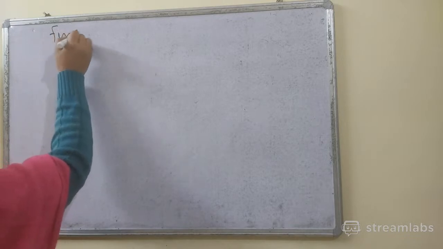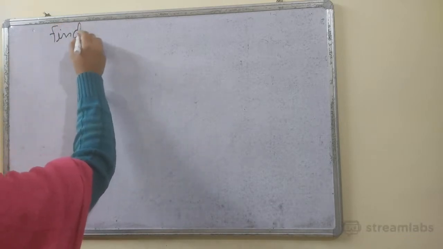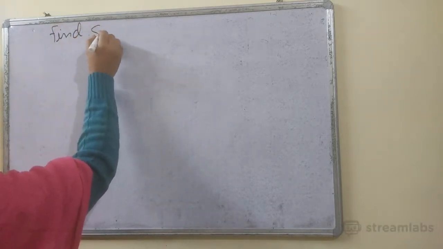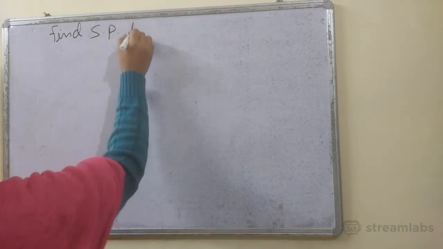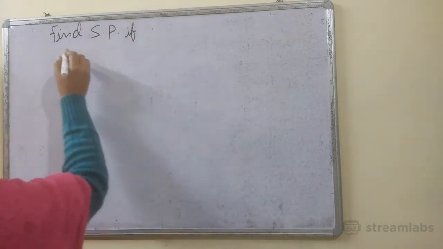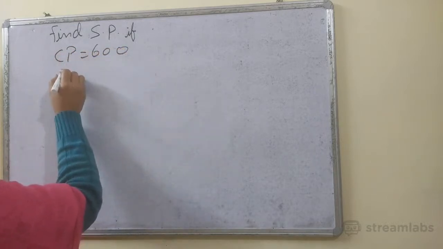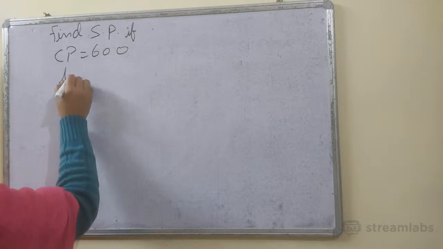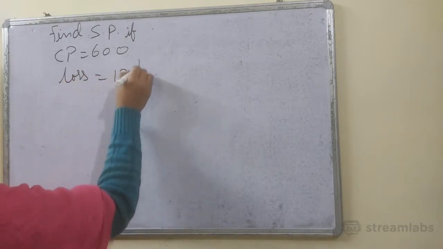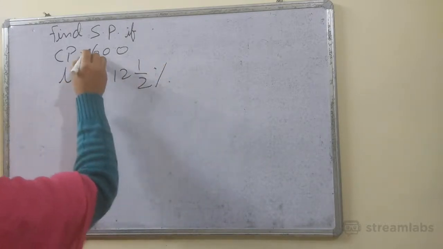Next is find the selling price. It is very easy to find the profit or the loss, but when you have to find the selling price, that is SP. Find the selling price if CP is 600 and loss is given as 12 1 by 2%.